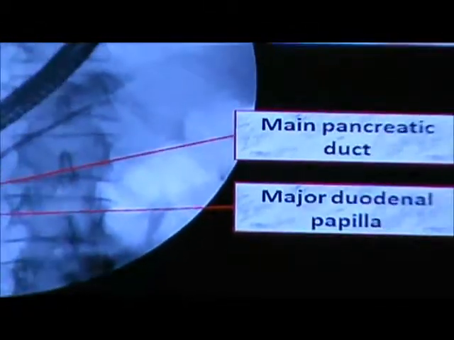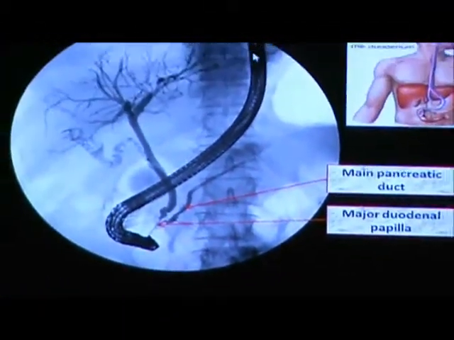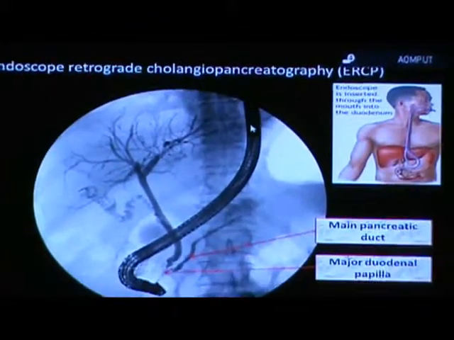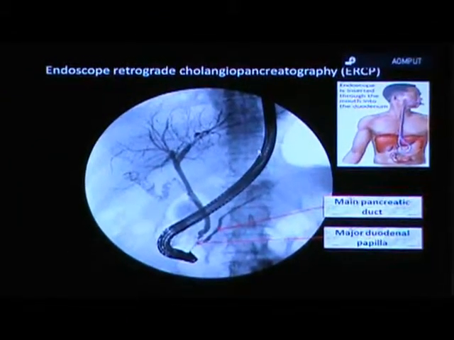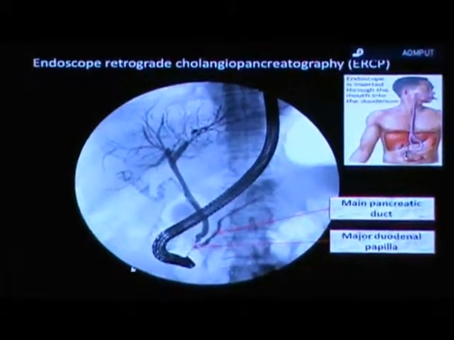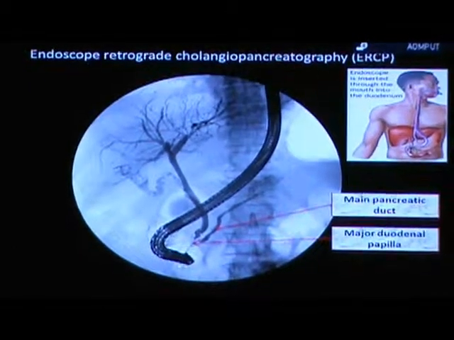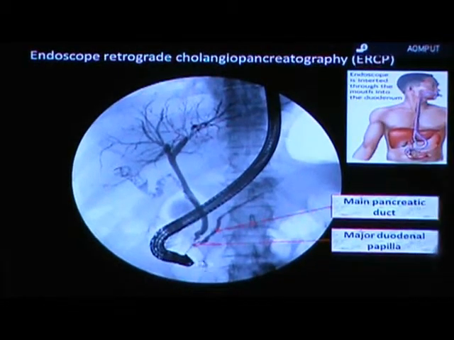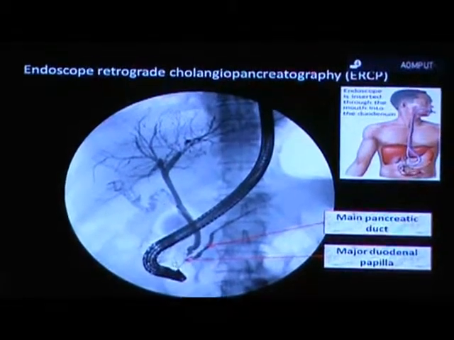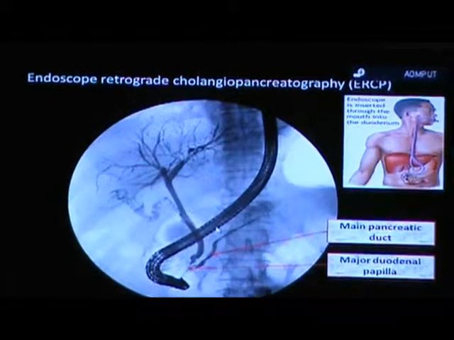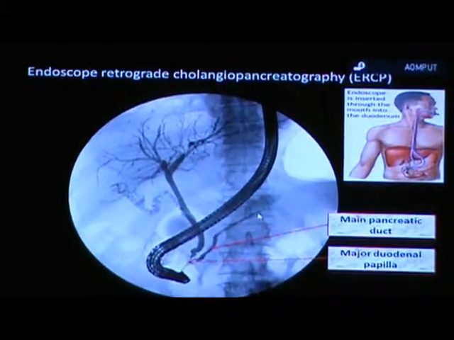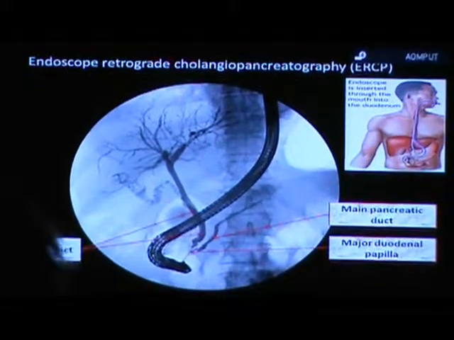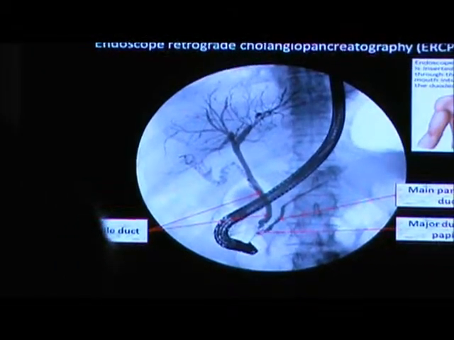So this is an endoscope running through the esophagus, stomach, and the superior and descending part of the duodenum. And the radiocontrast was given into the bile duct as well as the main pancreatic duct. And that's why we can see it on this picture.